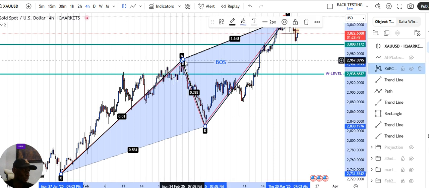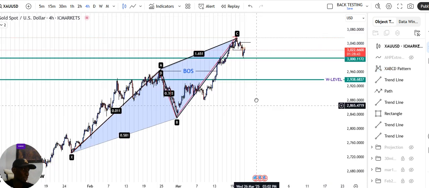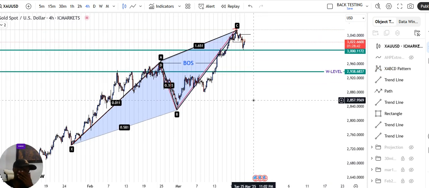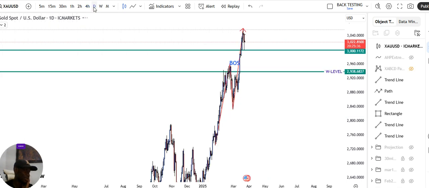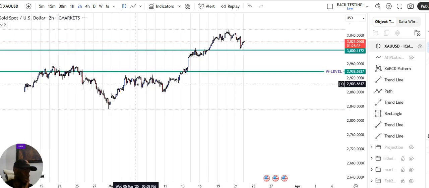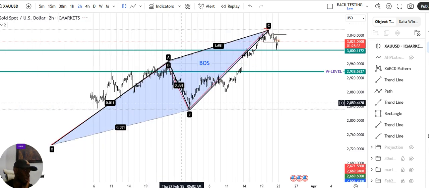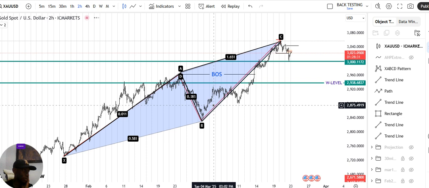Let's see how that plays out. Not really a smooth one anyway, but it works. Of course it works.